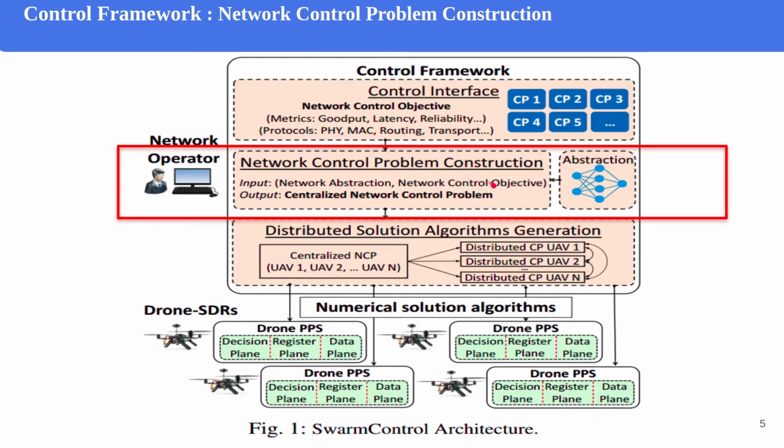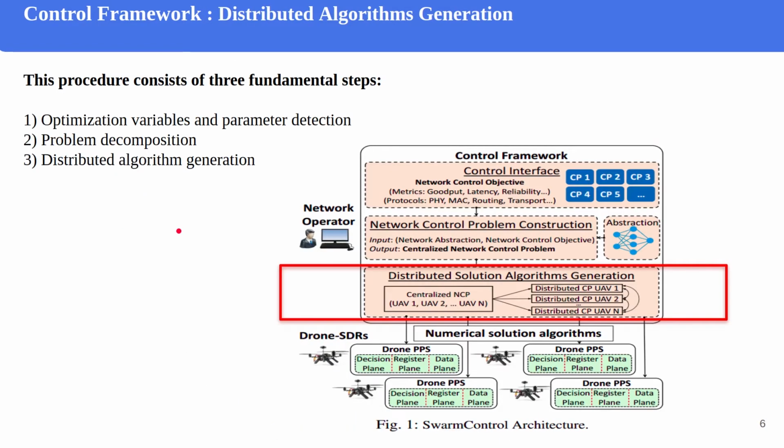Once the optimization problem is defined, SwarmControl converts the network operator's directives and requirements into a set of mathematical expressions, and the resulting NCP is a centralized representation of a high-level network behavior defined by the network operator through the control interface, and it spans both the networking and flight control domains, involving multiple nodes and all layers of the protocol stack.